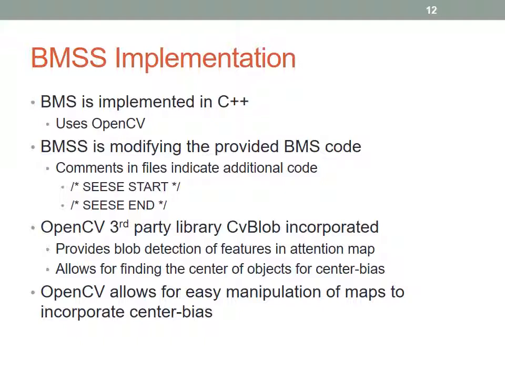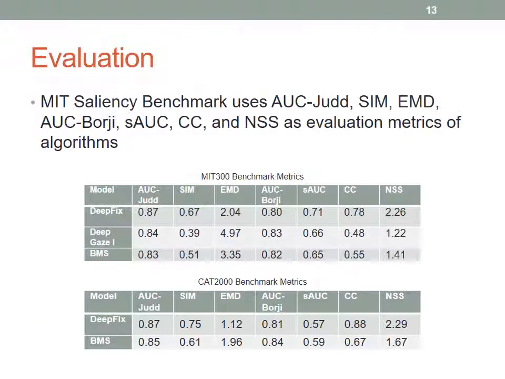It's a third-party library that works with OpenCV, and given a binary image, it will find the blobs, find the centroids and the masses, and I could use that for centering the Gaussian kernels about those objects. And then with OpenCV it was very easy to apply the Gaussian kernels and do that linear operation.